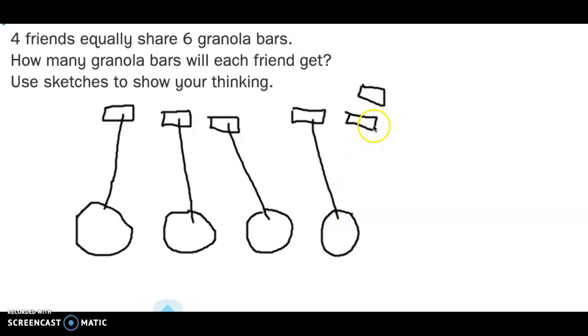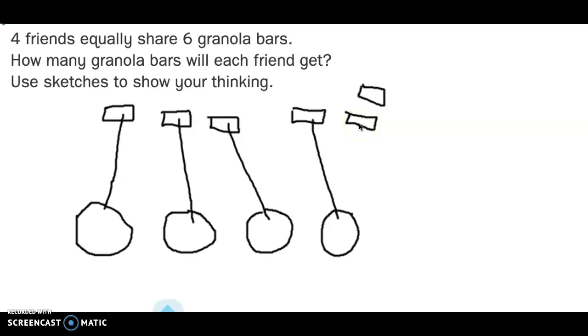And then I have 2 left over. So, if somebody gets 2 and everybody else gets 1, that wouldn't be fair. So in order for it to be fair, what could we do with these 2 granola bars? Think about it. What could we do?